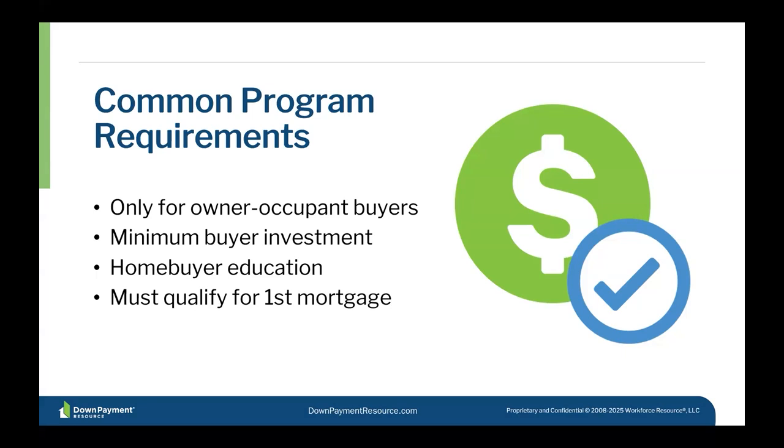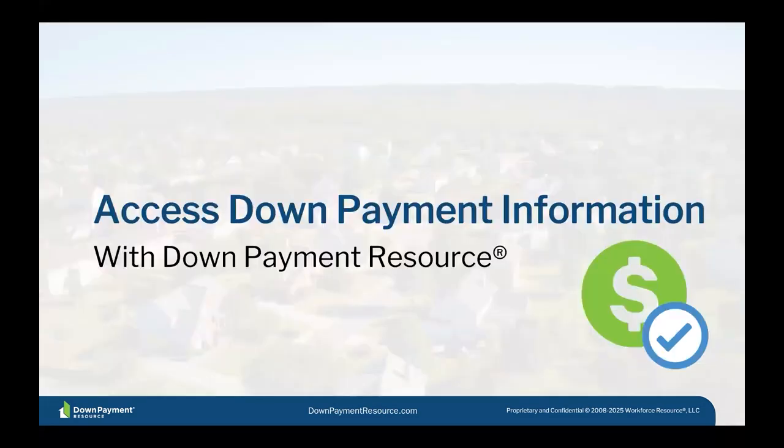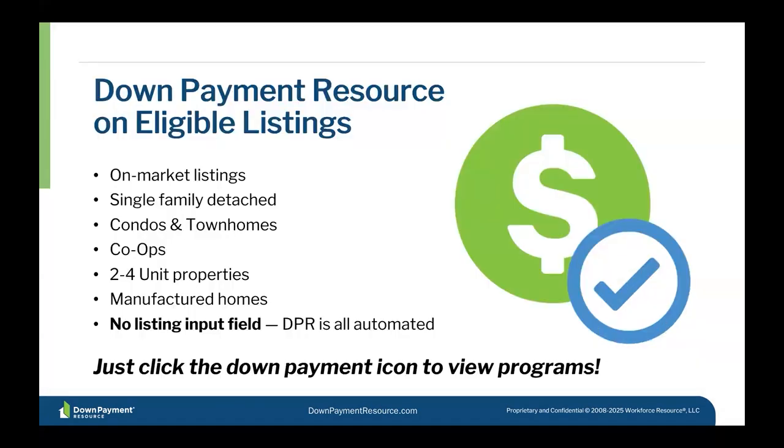But what we're going to do now is talk about the integration within your MLS. So now that we've covered a few of the basics, let's dive deep into what you guys specifically get to see within your MLS. So we are integrated directly into the listings in Matrix and Paragon. The way it works is eligible listings are going to be tagged with the down payment resource icon you see here.